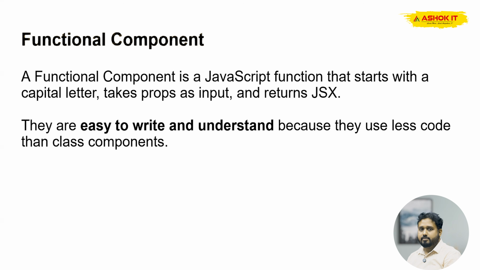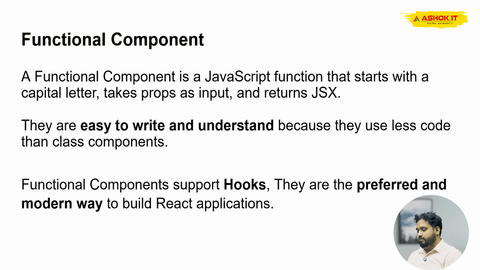Whenever you have a requirement to reuse your JSX code or to pass dynamic data to it, we go for a functional component. So we create one functional component and in that we write our JSX code. Functional components support hooks. They are the preferred and modern way to build React applications. There is a concept of hooks in React, and these hooks are supported in functional components only. They are not supported in class components.